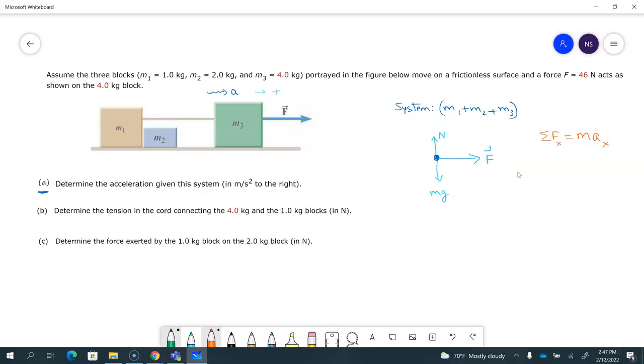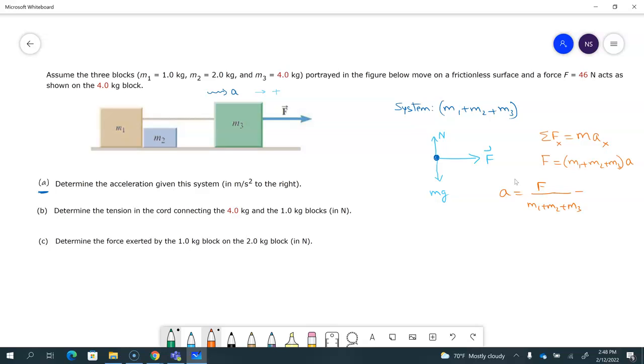So sigma Fx is just my F, and that's equal to M, the system for which I drew the free body diagram, all of the mass together. So that's M1 plus M2 plus M3 times the acceleration, right? So if that's all I want, I'm done. Acceleration is force divided by the total mass.